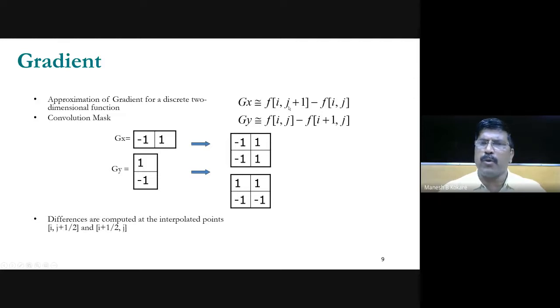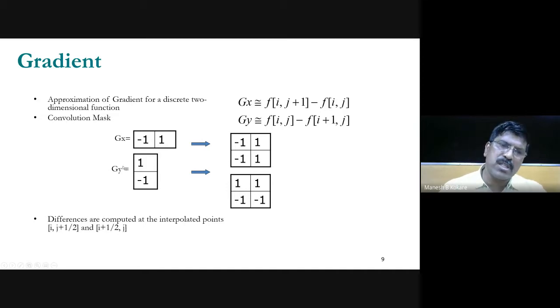So the coefficients are -1 and 1. That is how you compute gx: -1 means you are subtracting the pixel under consideration from the next pixel. You apply this row wise.